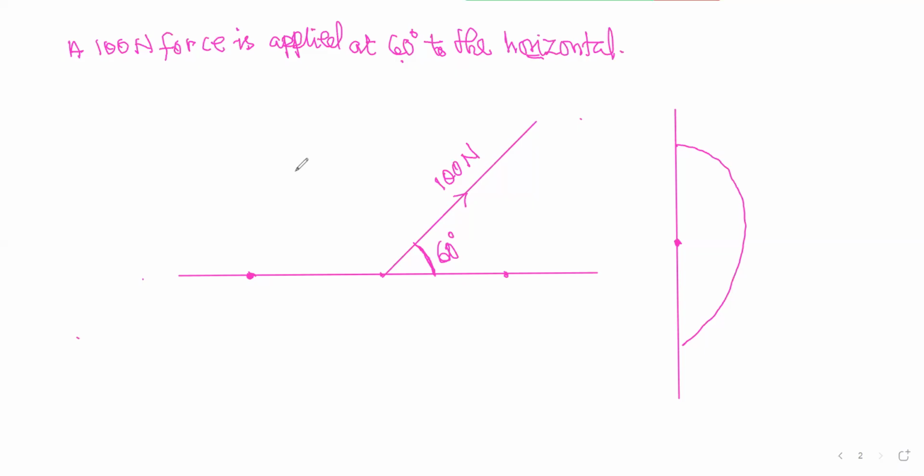Ladies and gentlemen, whenever a force acts at an angle, let me draw something to explain this concept. If I draw the vertical axis, this is an angle of 0. This is 90.